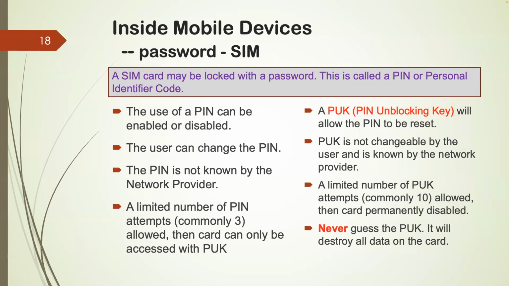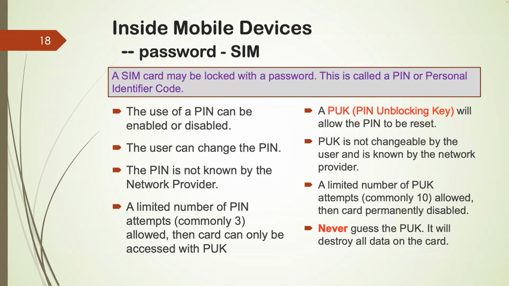To unblock it, we use another number called PUC. The PUC is provided by the mobile phone company or cellular company, and is known by them. For the PUC, you also have 10 tries. If you enter the wrong PUC 10 times, then your SIM will be permanently blocked. This might be a challenge for forensic analysis, if you have confiscated a SIM card from a suspect, but that SIM card requires a PIN code.